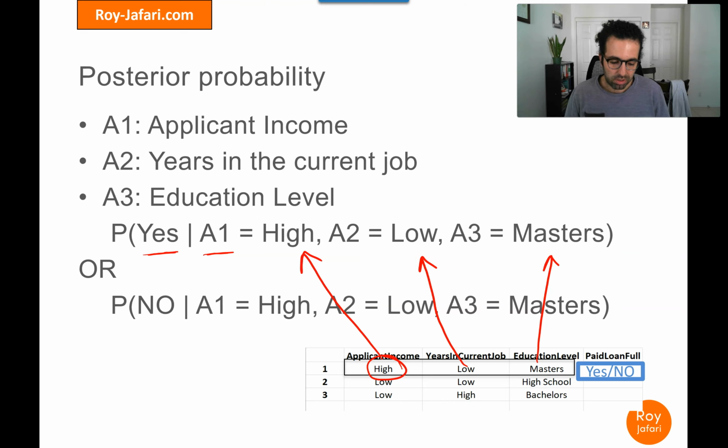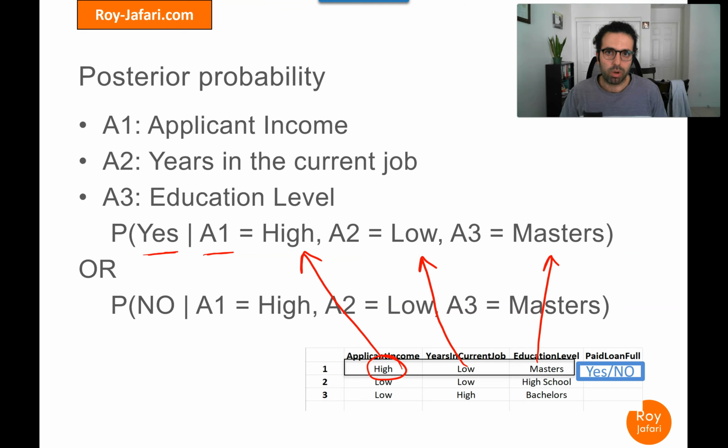We know this is the customer, but here we are making a very big assumption. We're assuming that when we have applicant income high, years in the current job low, and master's level, these attributes, the fact that the education level is master's and the income is high, are independent.